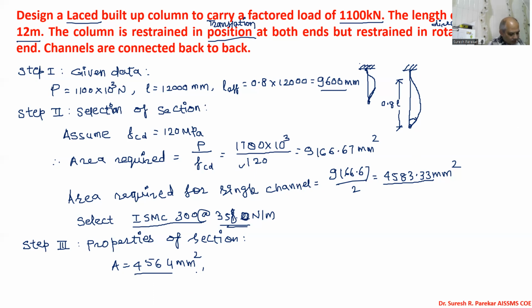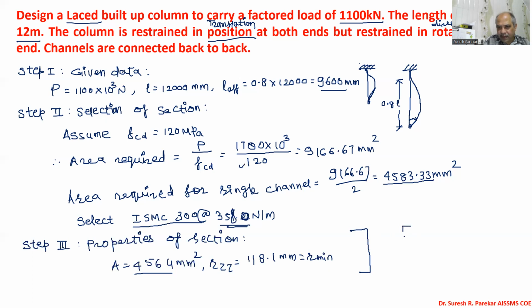And then we require the value of rzz, and we have 118.1 millimeters. Now we need not find out other values, that is ryy. Now try to understand why we are saying rzz as minimum.